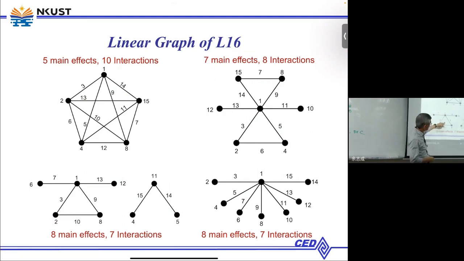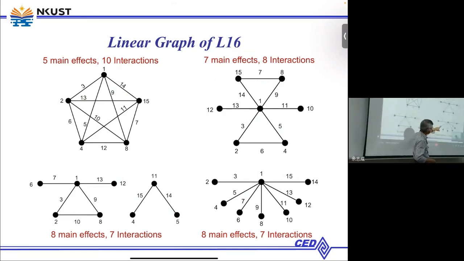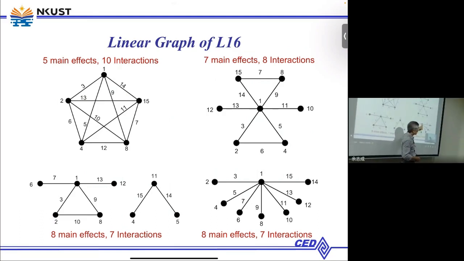This one is very special. It has a very dominant factor, and this factor will have interactions with pretty much the rest of the main effects. If your design problem looks this way, you should select this linear graph.